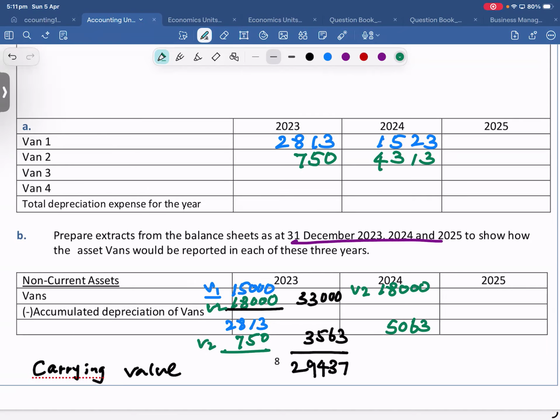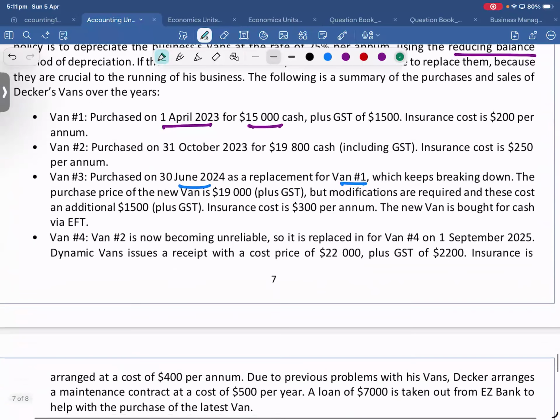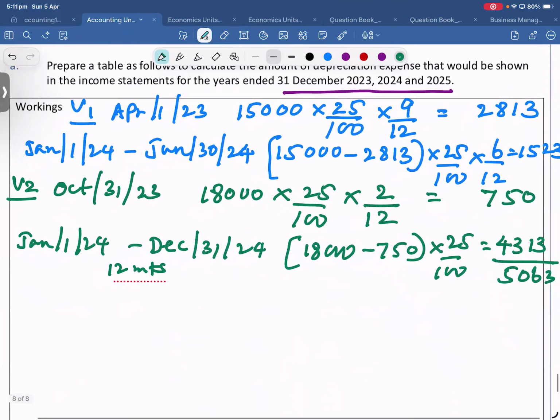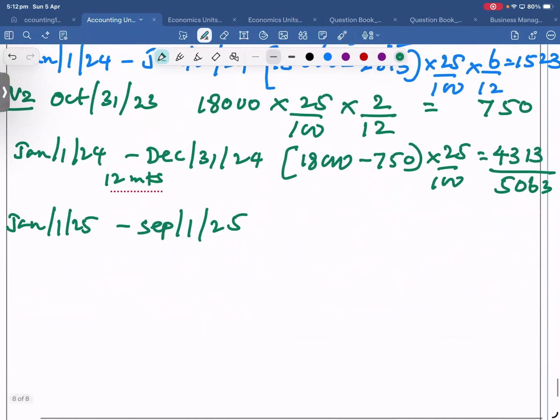Then when is van 2 going to be replaced, guys? September 1st, because van 4 is going to replace van 2. So how many months? 9 months? You sure? 9 months or 8 months? January 1st, 25 to September 1st, 25. How many months? 8, yes, not 9.